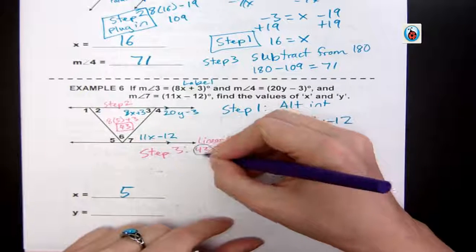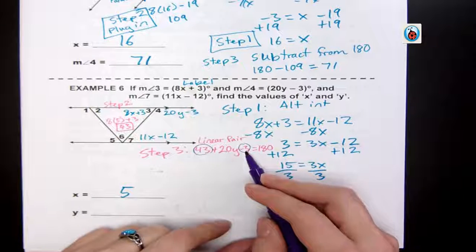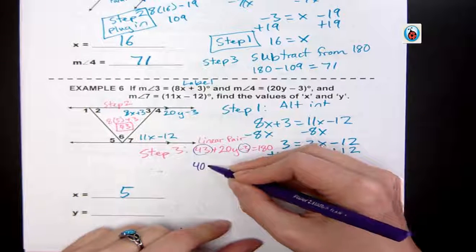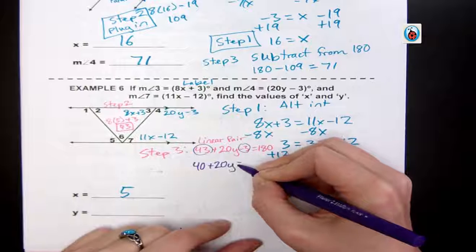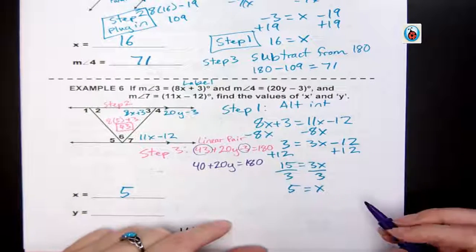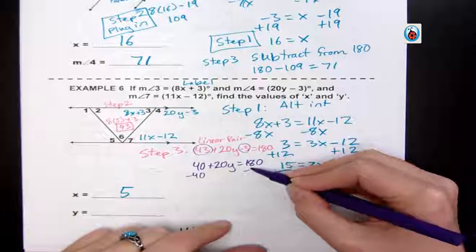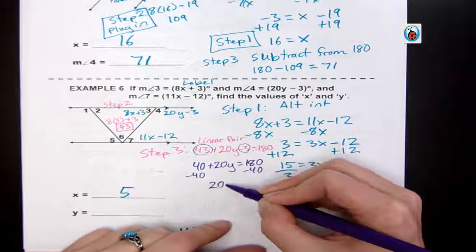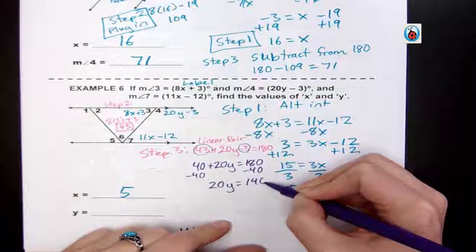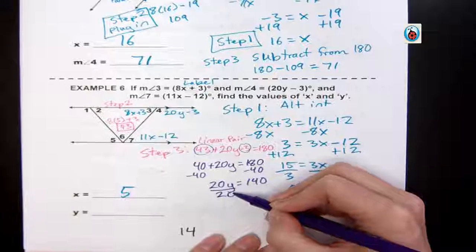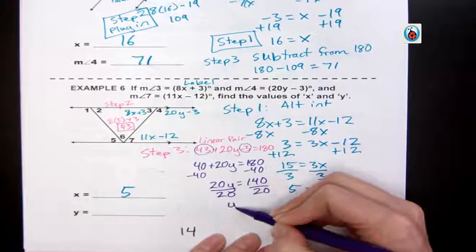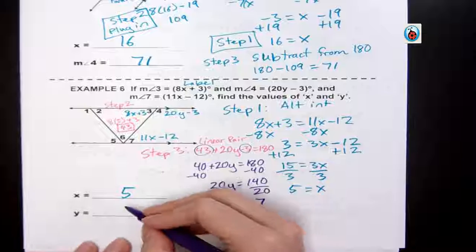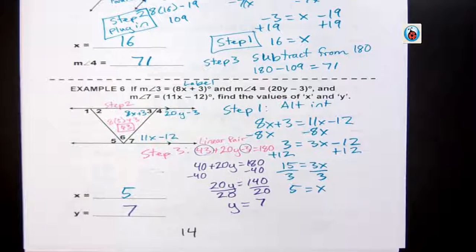So I combine my like terms. They're on the same side, so 43 minus 3 is just 40. So 40 plus 20y equals 180. Subtract the 40 to get 20y equals 140. And divide by 20 to get y equals 7. And I am finished.